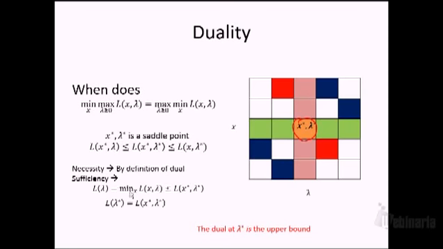And so you have the dual function at lambda star is equal to a value that we know to be an upper bound on the dual. And so it has to be the dual solution. And so we have seen that if the primal solution is a saddle point in the Lagrangian, this is a necessary and sufficient condition for strong duality.